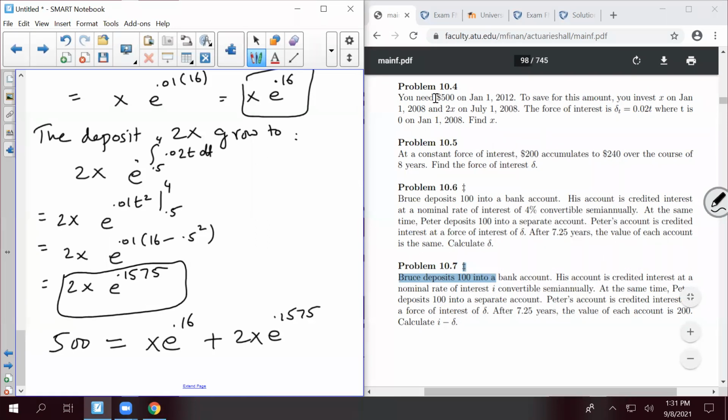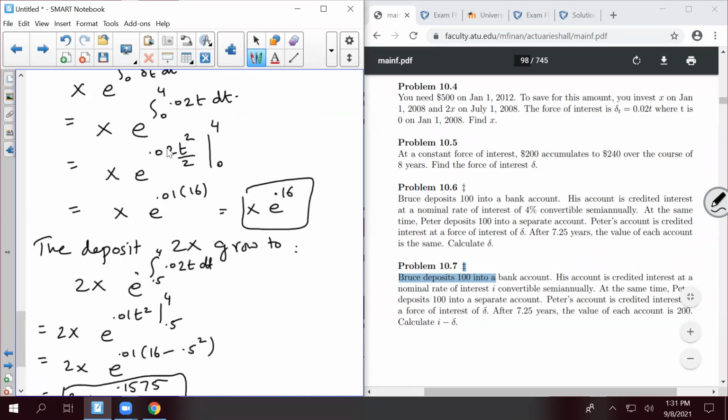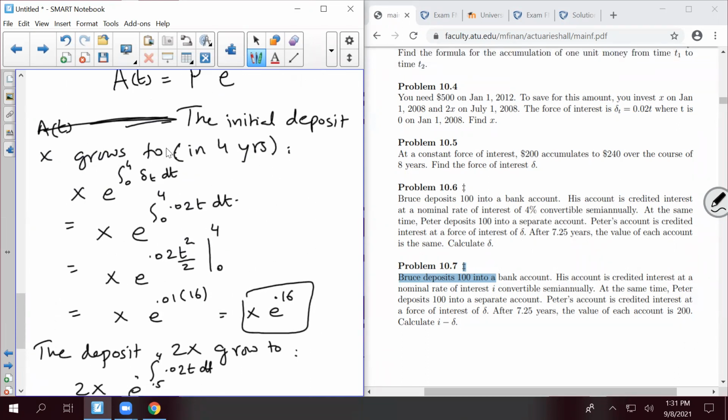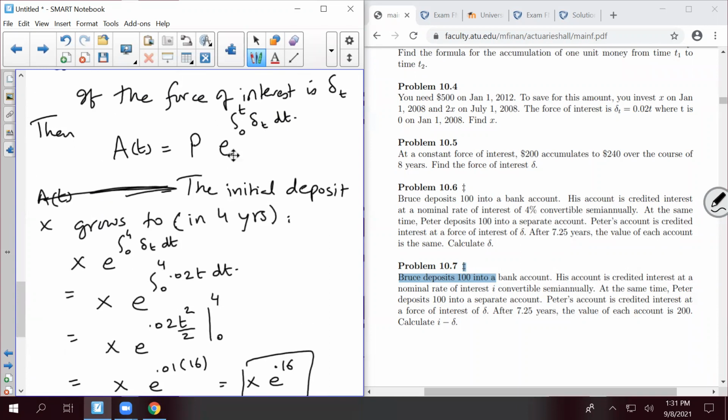One question. Whenever you have the formula, is A of t equal to X times e to the power of...? So the generic formula in case of force of interest is this one. A of t is equal to P e power integral 0 to t of delta t dt. But we have to understand that this 0 may not always be 0. We may be depositing at some other time and then that time kicks in over here, right?